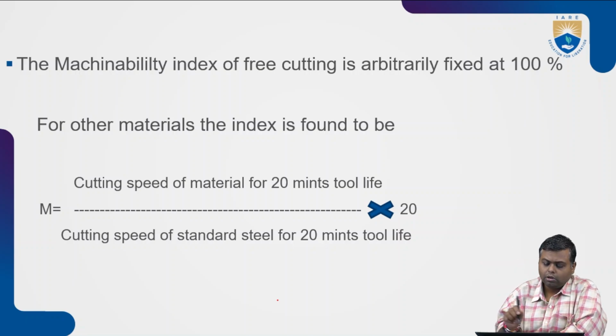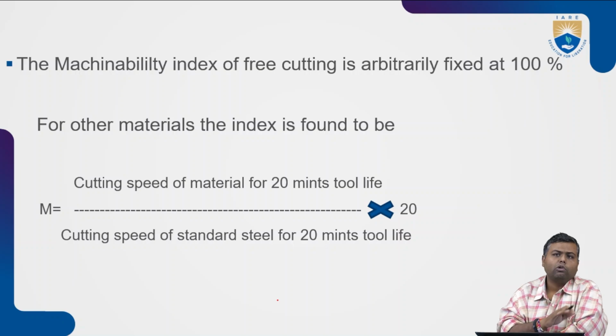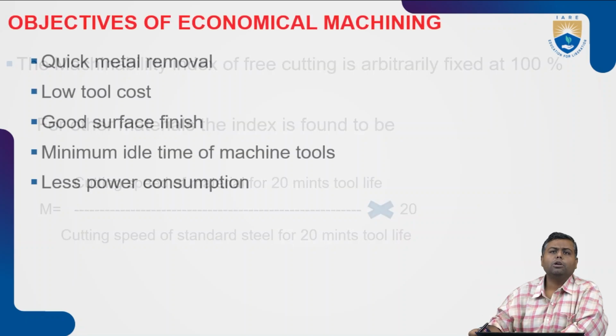The number can be found with respect to the cutting speed of the material you are going to use for a tool life of 20 minutes, as well as the standard steel's cutting speed for a tool life of 20 minutes, into 100. So this defines the machinability index.